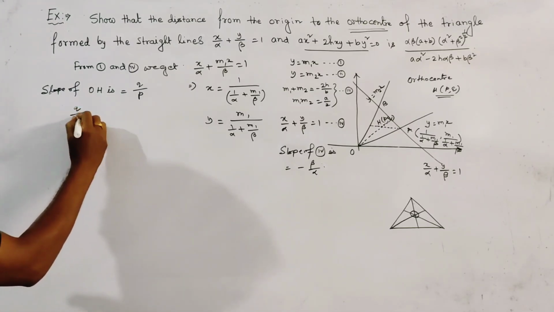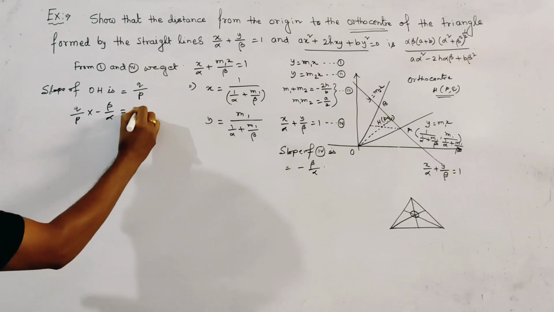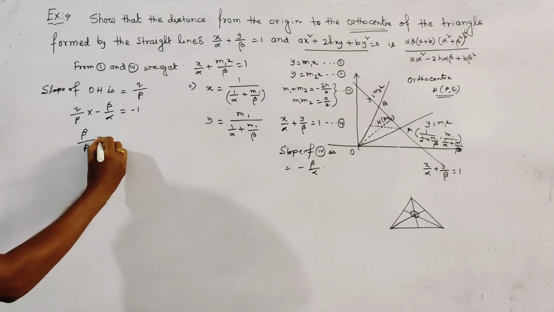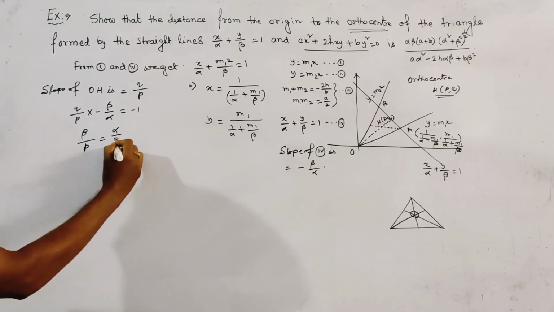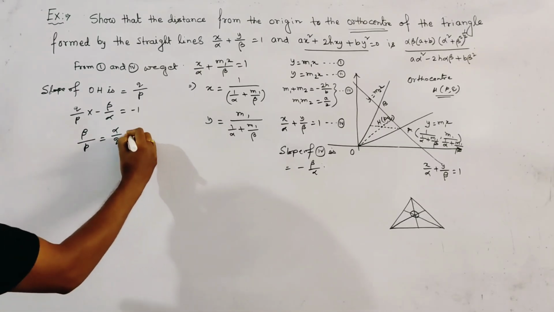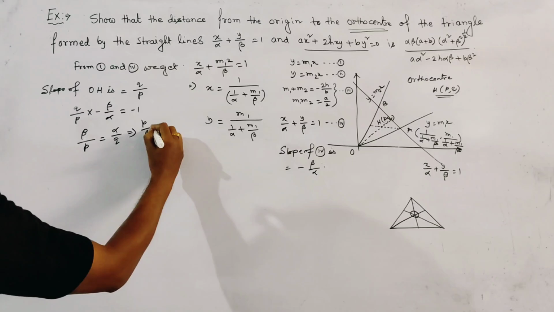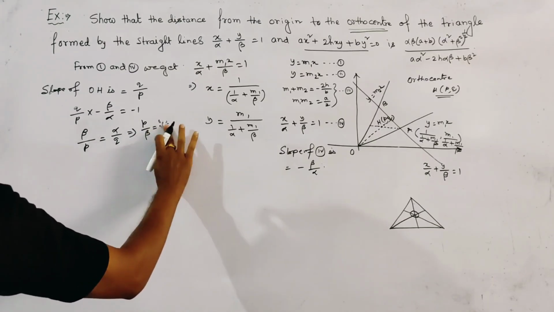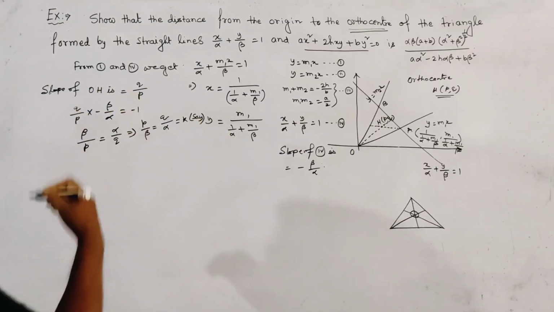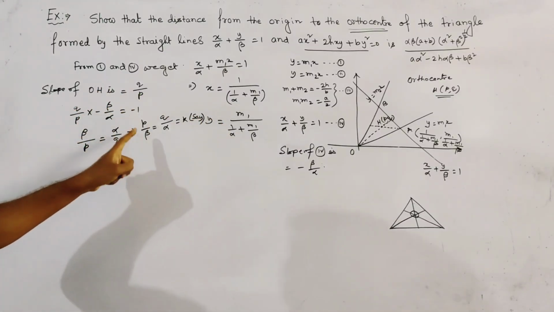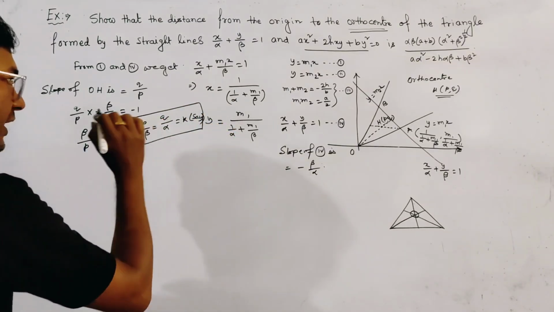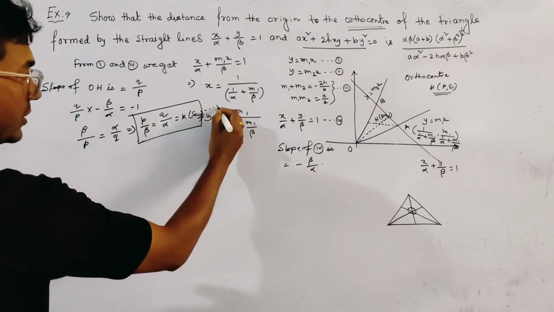So we get (Q/P) times (-beta/alpha) = -1, that is, beta/P = alpha/Q. From here we get P/beta = Q/alpha = K, and we say this is equal to K here, and let it be relation number 5.